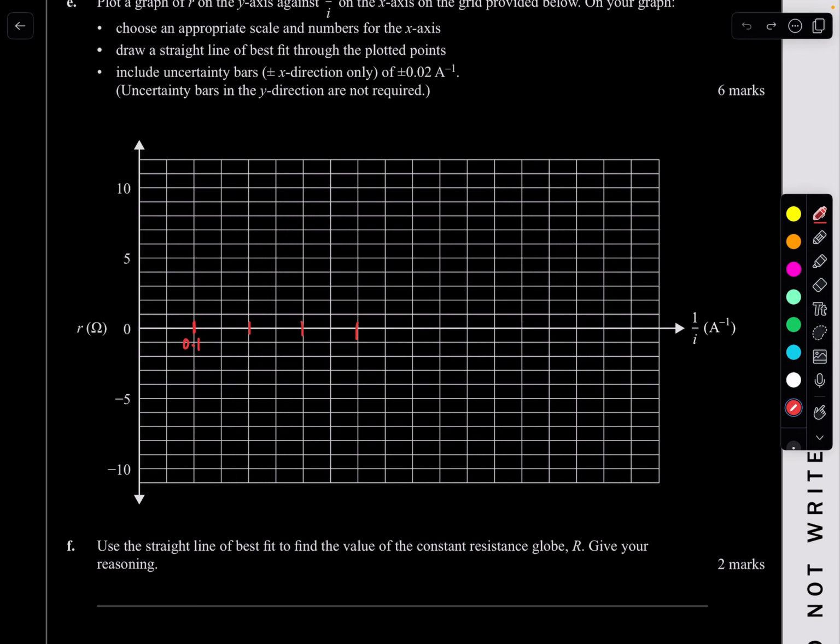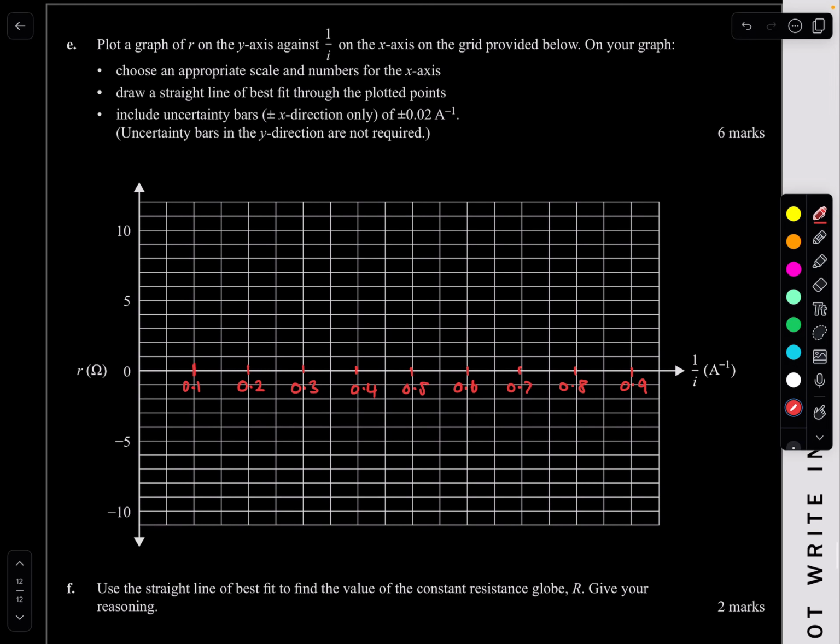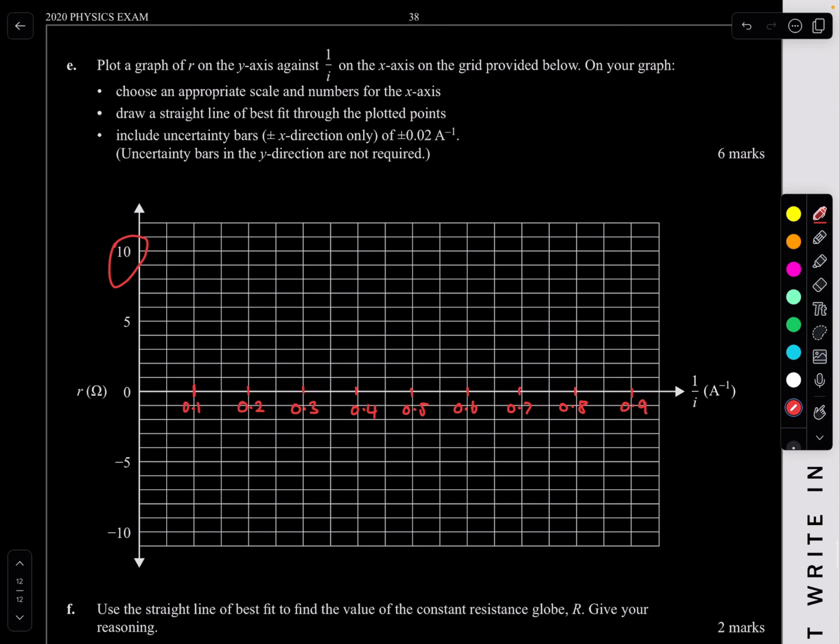Yep, that's actually good. So if I do all these 0.1, that's 0.2, 0.3, 0.4, 0.5, 0.6, 0.7, 0.8, 0.9. And we've already been given the values for the axis, so that's good.